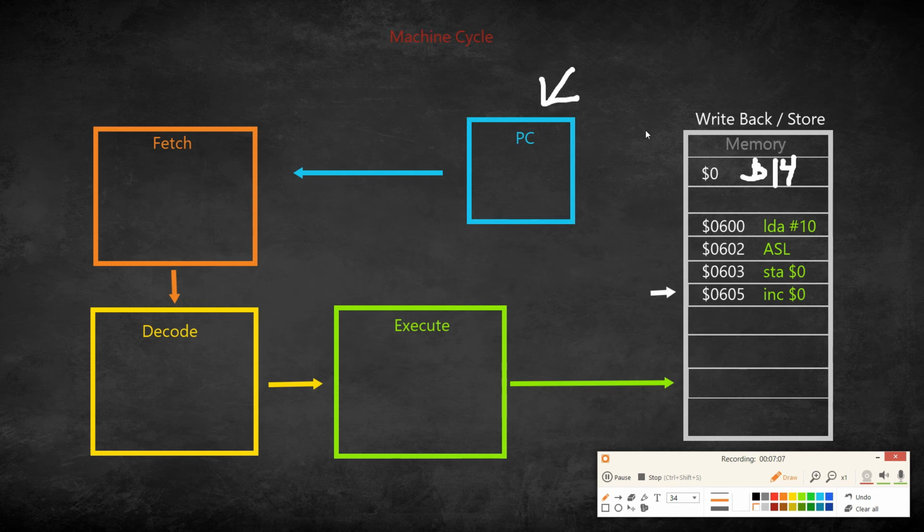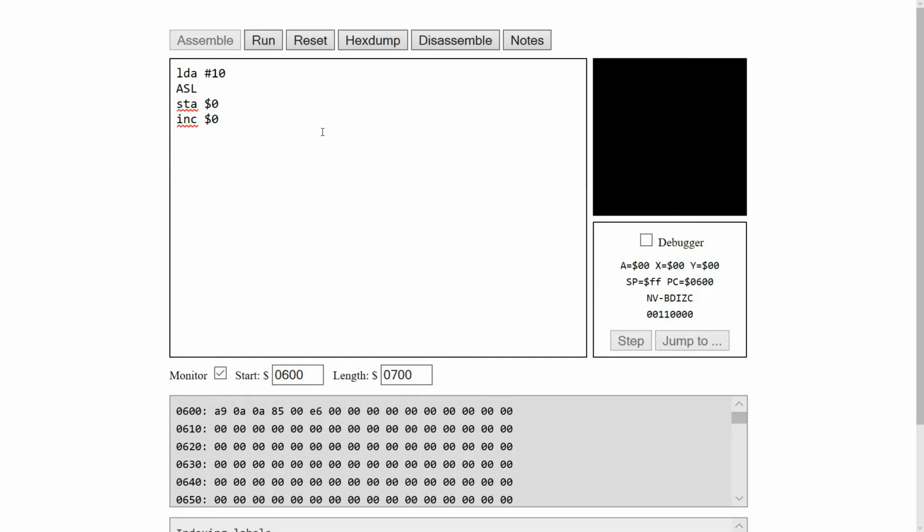So let me go back to the sample that I had before in our emulator, and quickly show you that our code is actually stored in memory. So here we have the LDA 10, and here is our shift A, here's our 85 and then 0, and then increment and then the value 0.